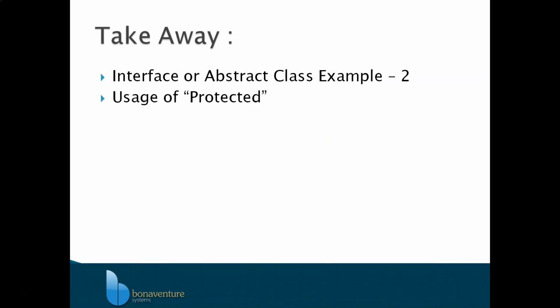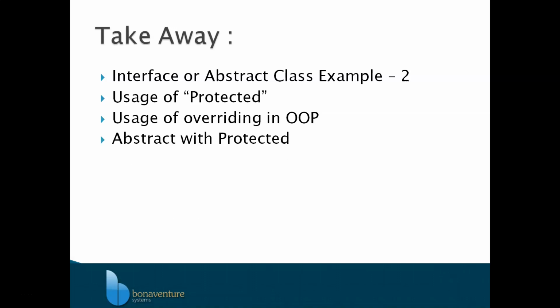Usage of protected. So here you must have realized the importance of protected as in specifier. Then instead of going for simple implementations, we thought of where exactly overriding comes in the picture. So whenever signatures are the same, bodies of the functions are going to be different, which means implementation is going to be different. One can plan to go for overriding.